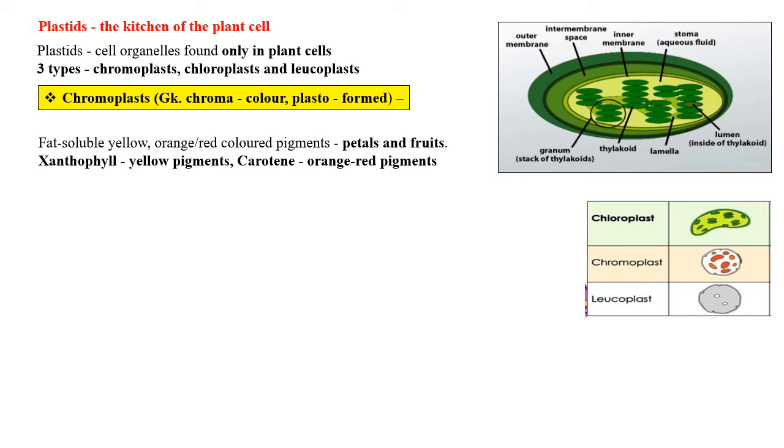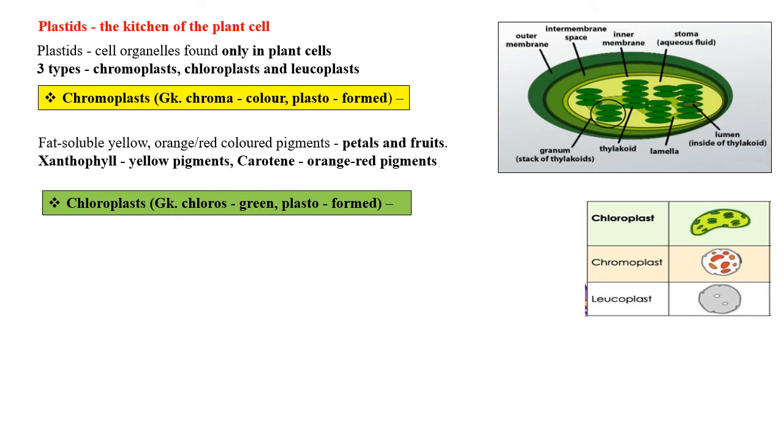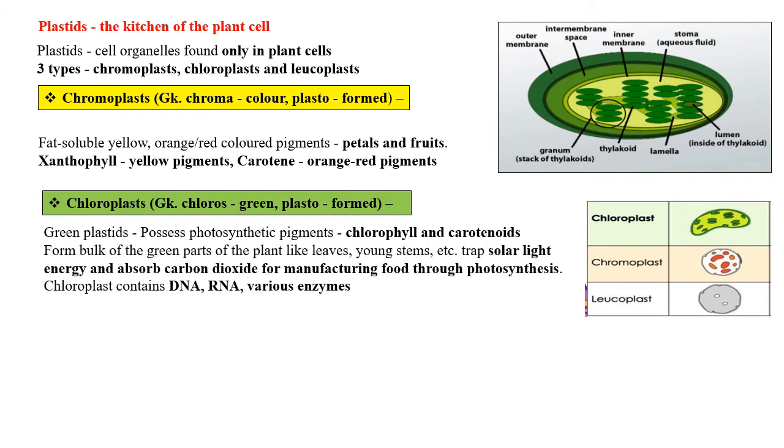Chloroplast. Chloros means green, plasto means formed. They are green plastids. They possess photosynthetic pigments, chlorophyll and carotenoids. They form the bulk of green parts of plants like leaves, young stems, etc. They trap solar light energy and absorb carbon dioxide for manufacturing food through photosynthesis.